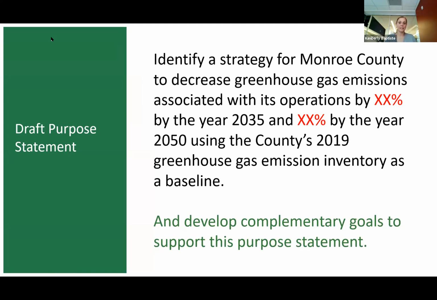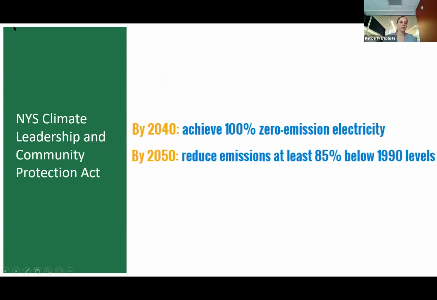Those are discussions that will be ongoing. We will be using 2019 as a baseline for any future reductions, and that will come into play in consideration as we talk about the New York State Climate Leadership Community Protection Act goals, which have been referenced multiple times as really the target for what we want to achieve, but recognizing the baseline years between where we're starting with 2019 and where the goals within the New York State Community Protection Act are set are obviously pre-2019.